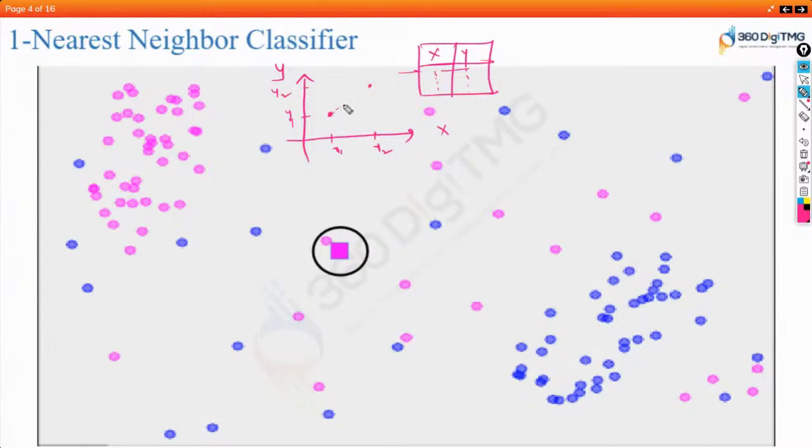Now I want to find out the distance between, let's say, A and B. Record A and record B. What is the distance between A and B?